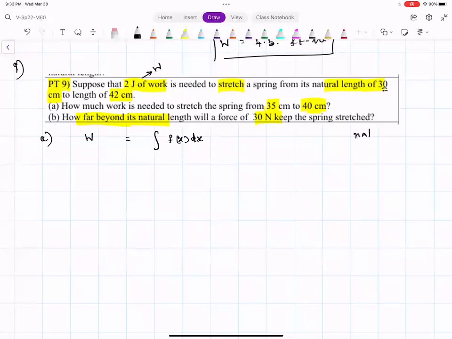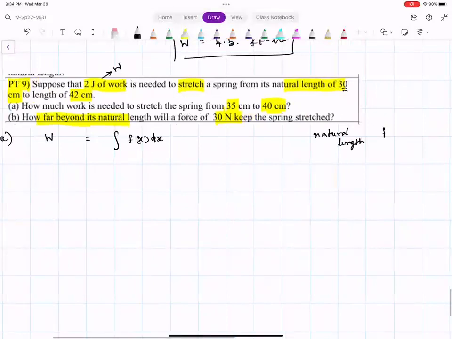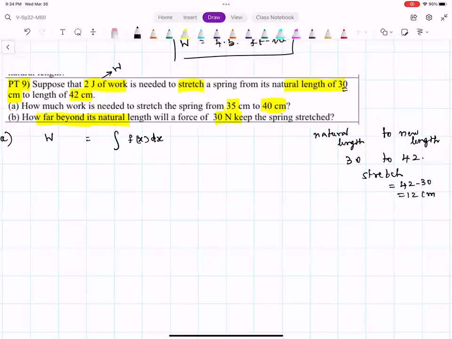So natural length to new length is 30 to 42. So what is the stretch? Stretch is going to be 42 minus 30, which is equal to 12 centimeters. So this position is 30, let's say natural length, and it stretches to 42.